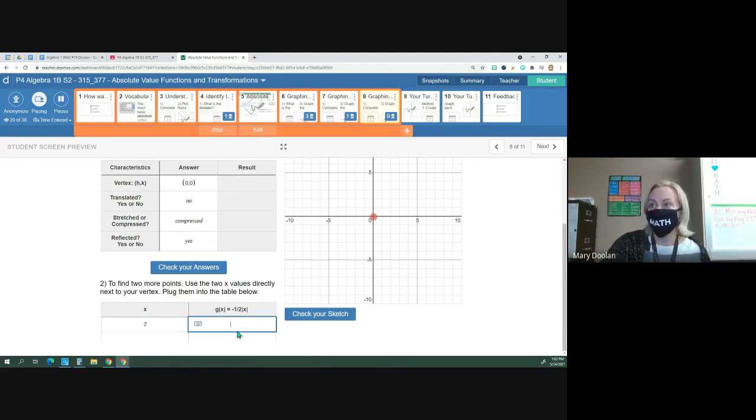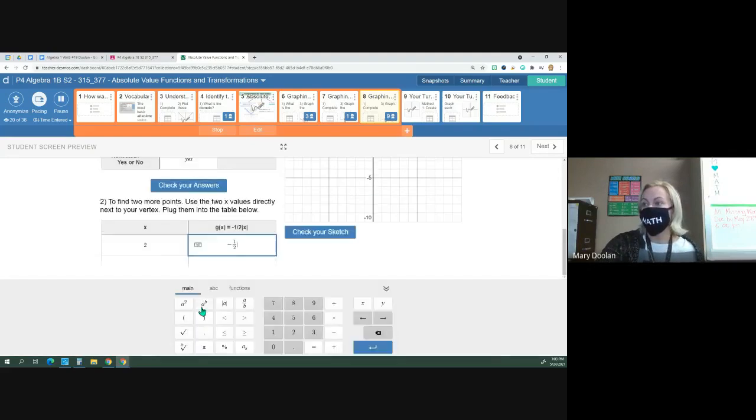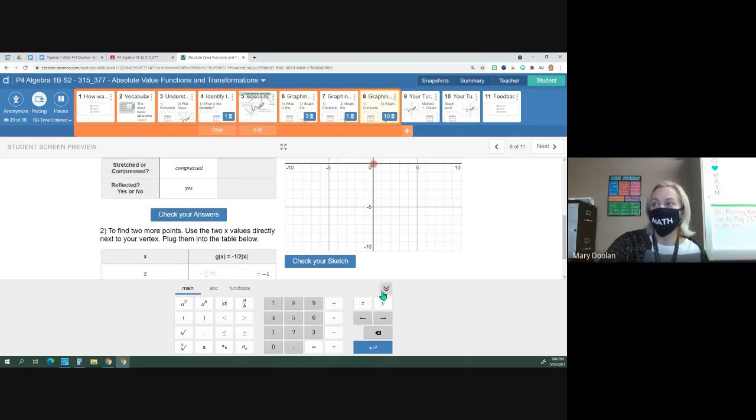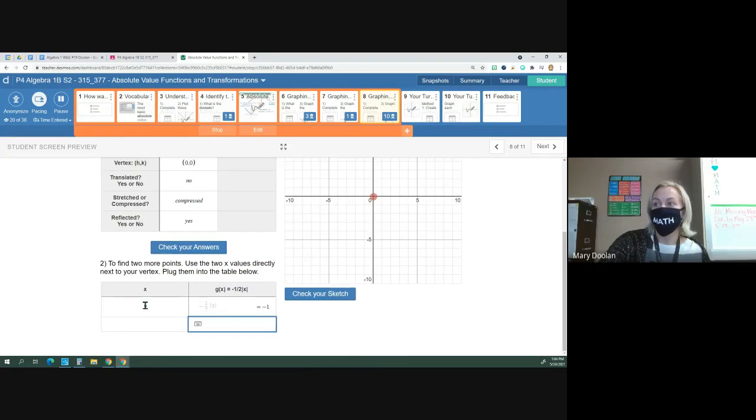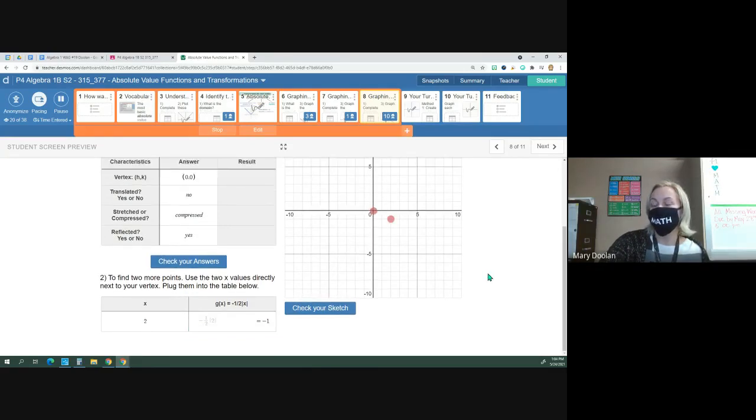When x is 2, I put a 2 in here: negative 1/2 times the absolute value of 2. This is my answer, negative 1. So I have a point at 2, negative 1.